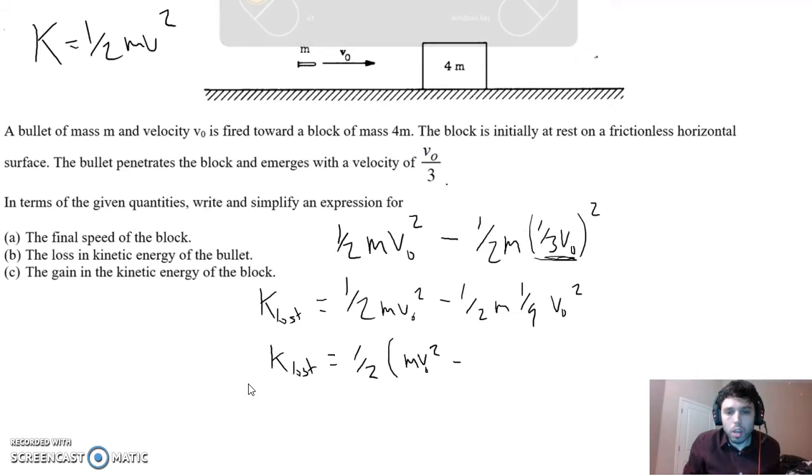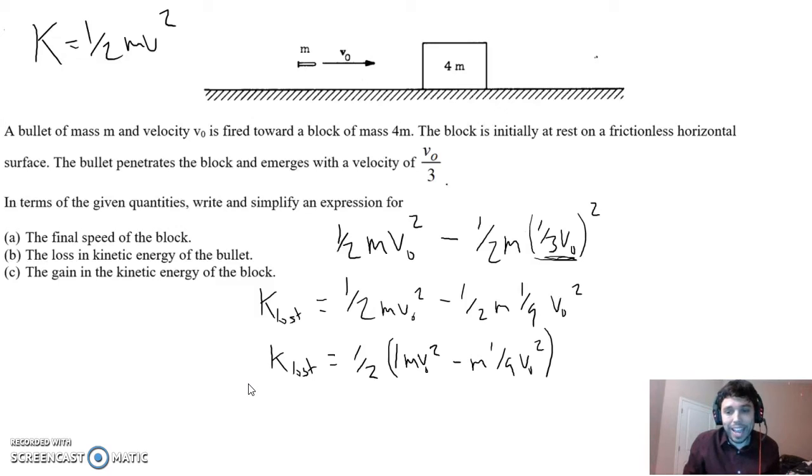Okay, there we go. Sorry, minus m times 1/9 v naught squared. Okay, now these are like terms, right? Again, just like before, when we had 1 v naught minus 1/3 v naught. This is mv squared minus 1/9 mv squared. So think of this as just being 1 mv squared, and this is 1/9 mv squared. What's 1 of something minus 1/9 of something?